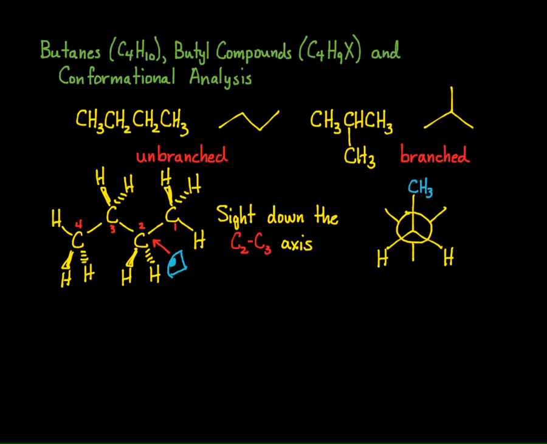Then I have to look at C3, and what is attached to C3? Well, 2 hydrogens are going to be on the top, left and right, and then there's C4 that's also attached, and C4 is a methyl group. And so I get this conformation.